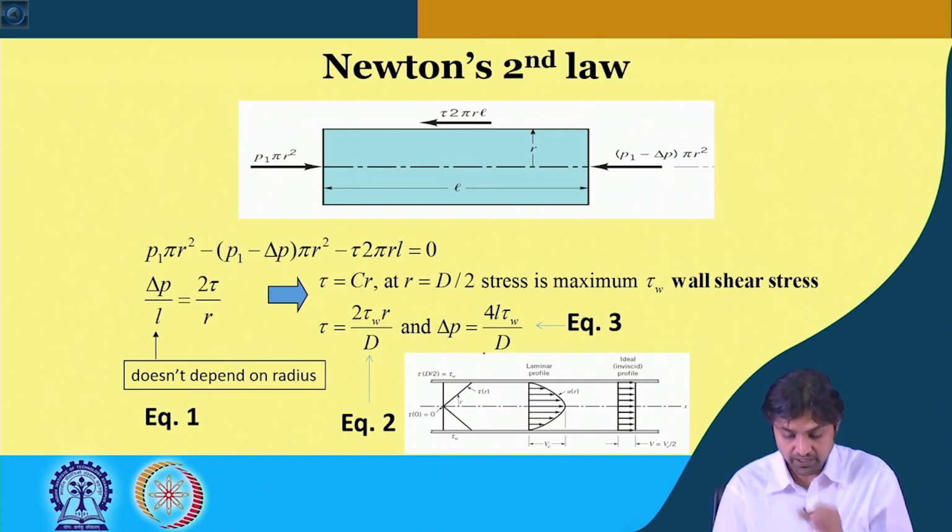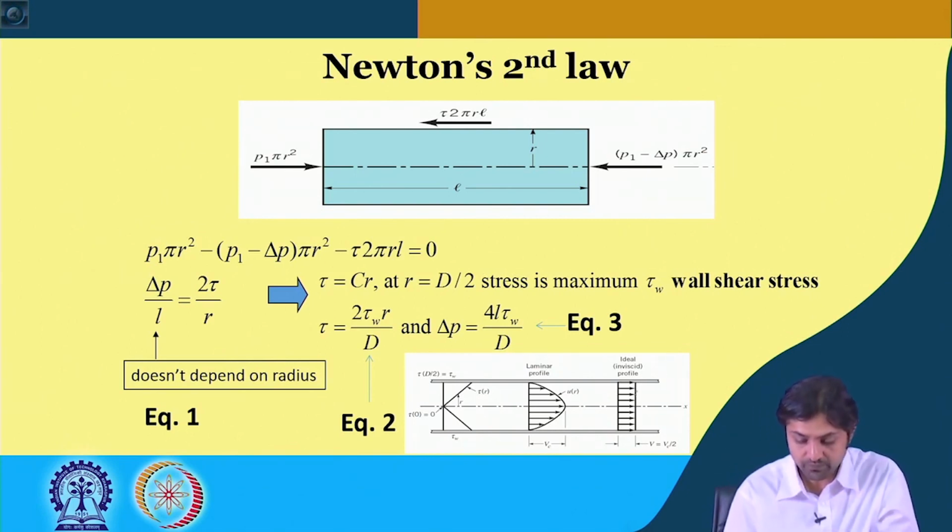So this is the profile, you see. This is the laminar profile for viscous pipe flow, and this is the ideal profile. You see, this is Vc. You remember in our laminar and turbulent fluid flow we derived this, that Vc by 2 is the average, the ideal inviscid profile, whereas it goes from 0 to Vc.